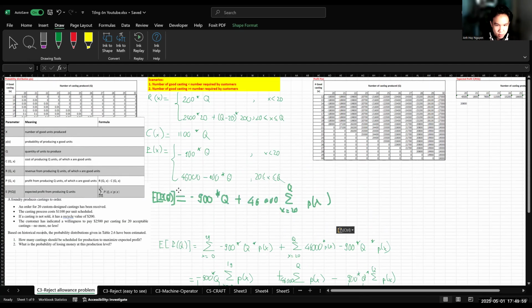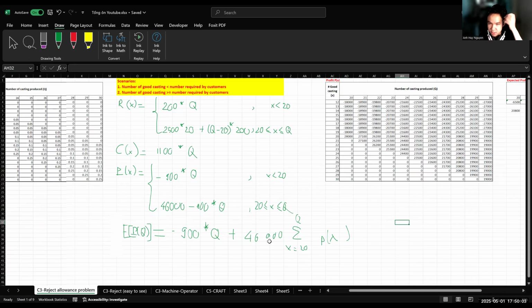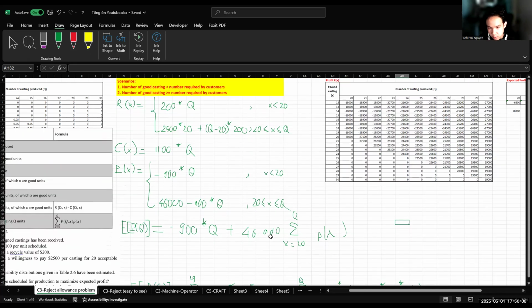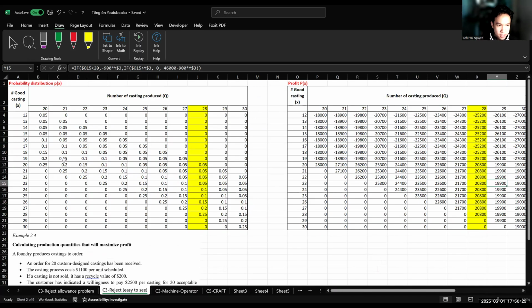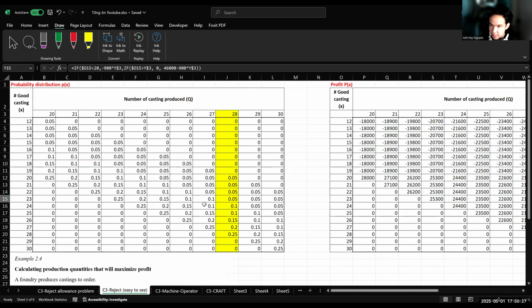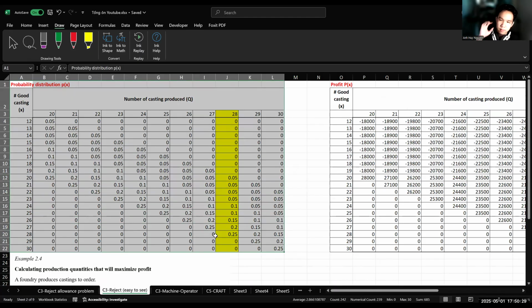Okay, so now we have all of the equations. So what will we do? We will just need to calculate the expected profit. Okay, but because it involves a lot of calculating, I'll use Excel to calculate them. Now here is the probability distribution I showed you before.